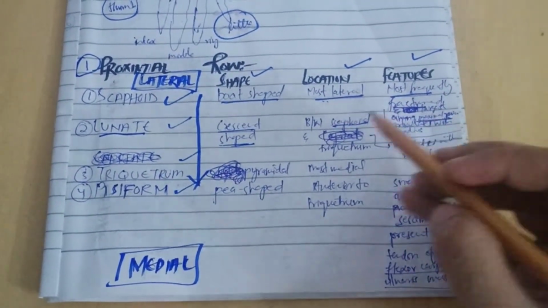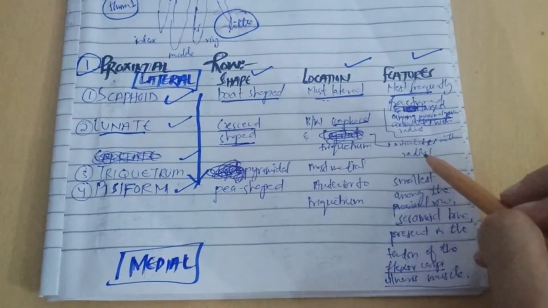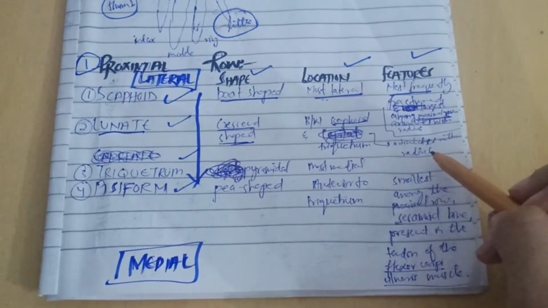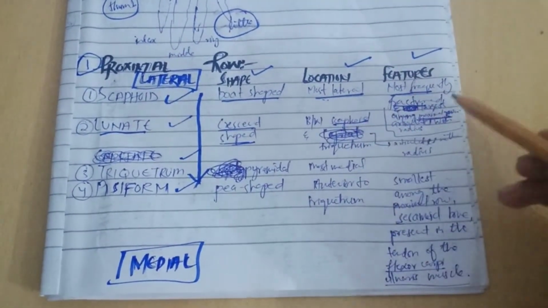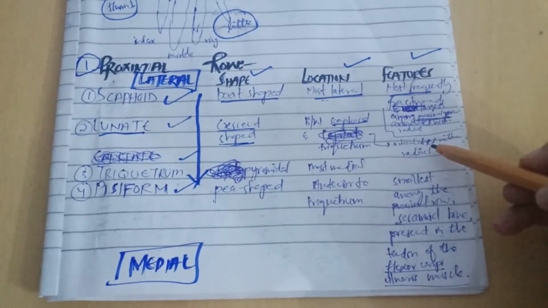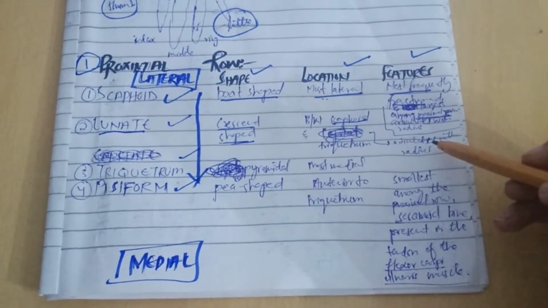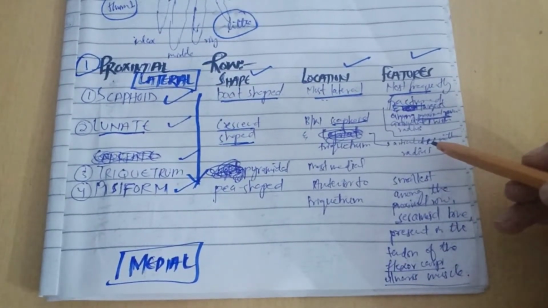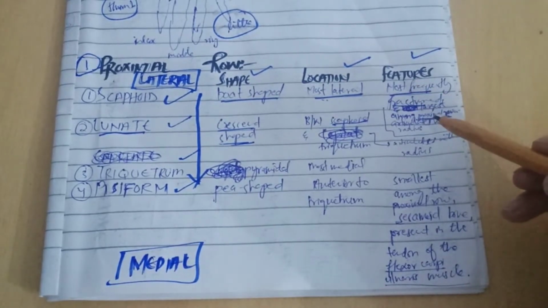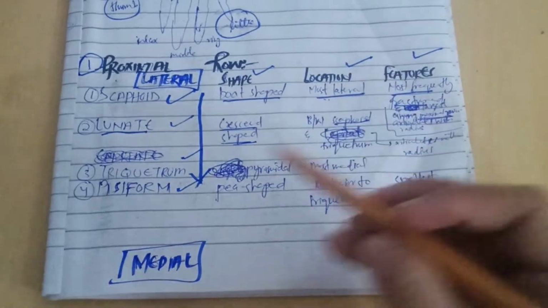The feature of the lunate bone is that it articulates with the radius, like the scaphoid. Both the scaphoid and the lunate articulate with radius. None of the carpal bones articulate with the radius other than the scaphoid and lunate, and no carpal bone articulates with the ulna.